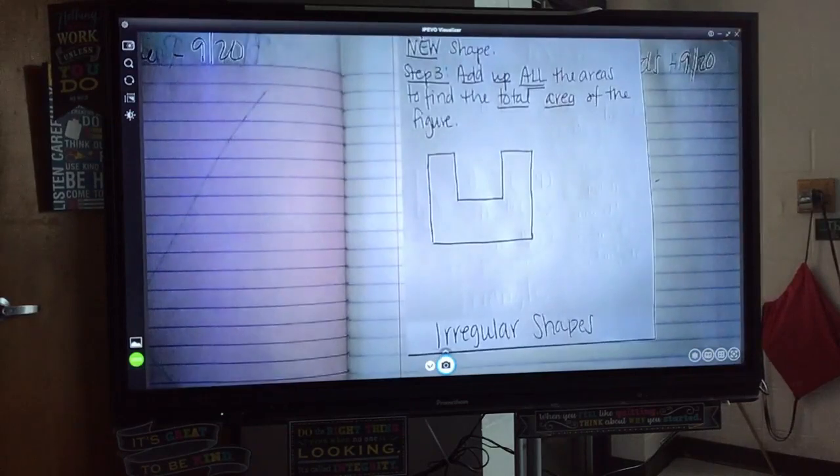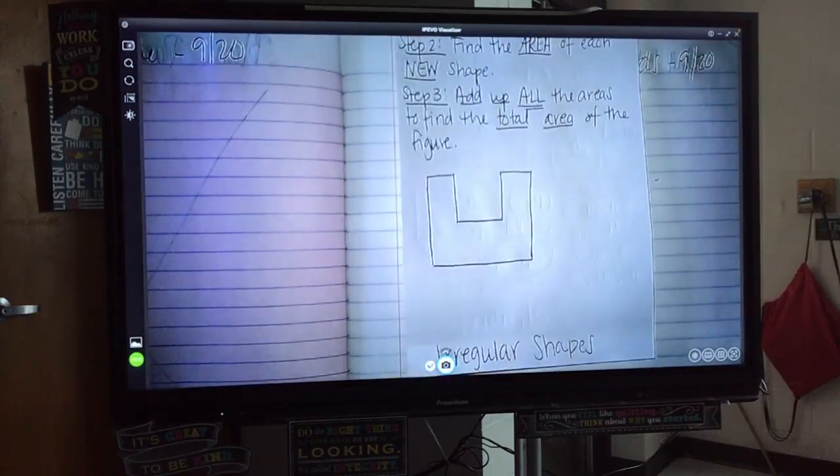So this is one that you are going to want to keep in mind: how to chop it up, find the areas, and add them together.